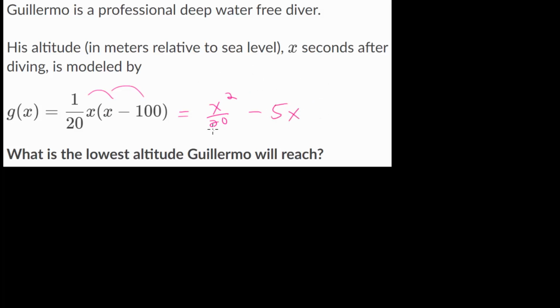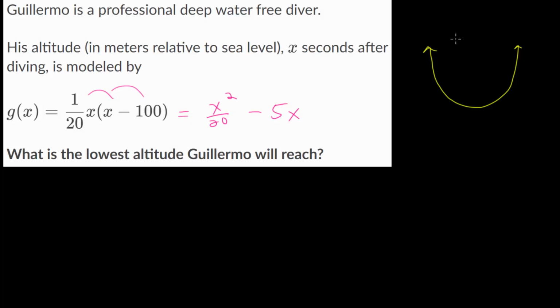And what you can see is that this is a quadratic equation, a quadratic polynomial, or a second degree polynomial. And these are parabolas. So if we want, we can get a general picture of this function here. It's going to look something like this. And we know it's an upward facing parabola because the coefficient on x squared is a positive number here.